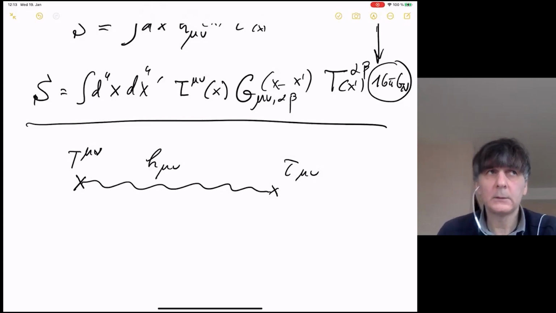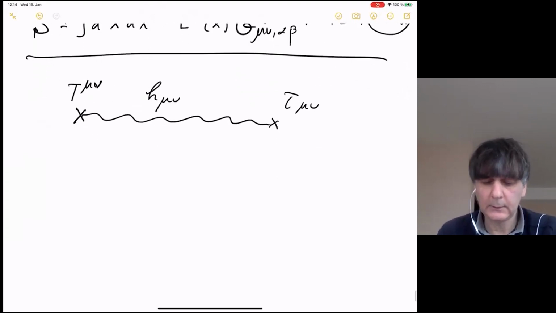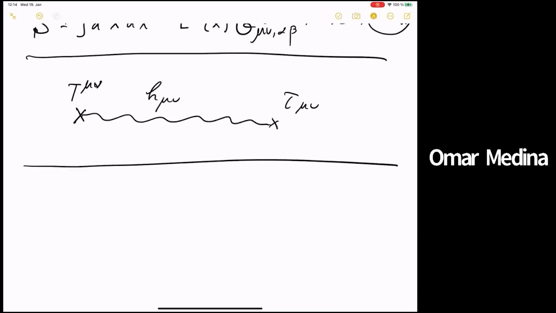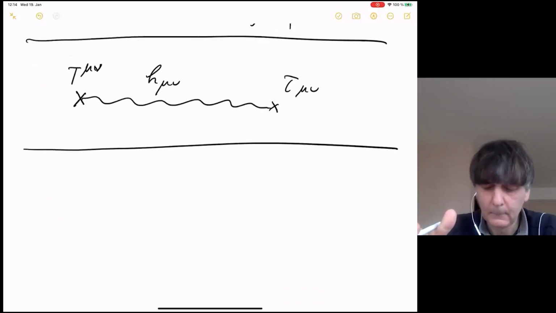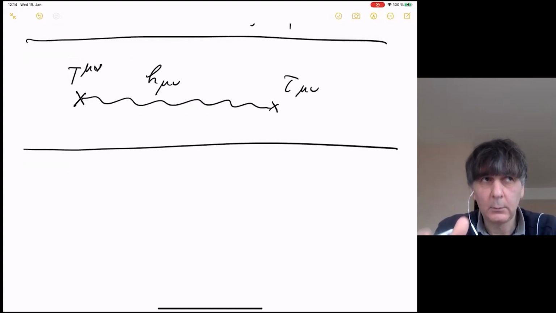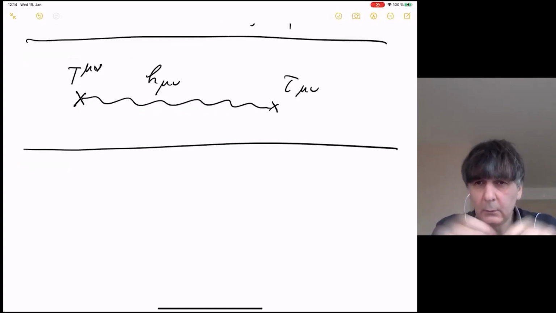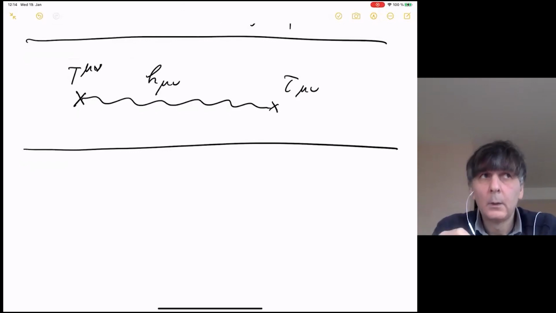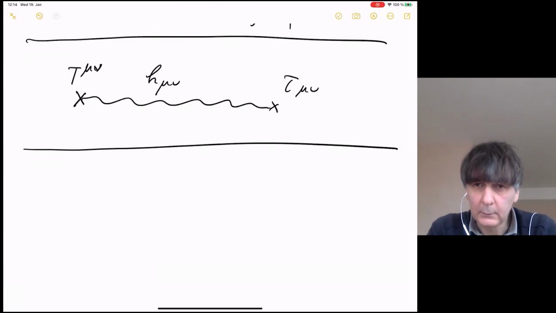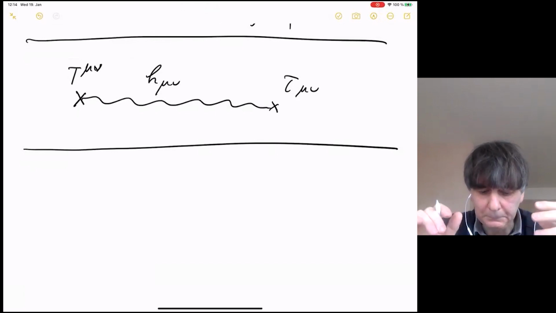Okay. Yeah, that's a good point. That's a good comment, and an important comment to clarify. The comment is about the correspondence between, at the level of QFT, what classicality means, and the correspondence between classical and tree level.